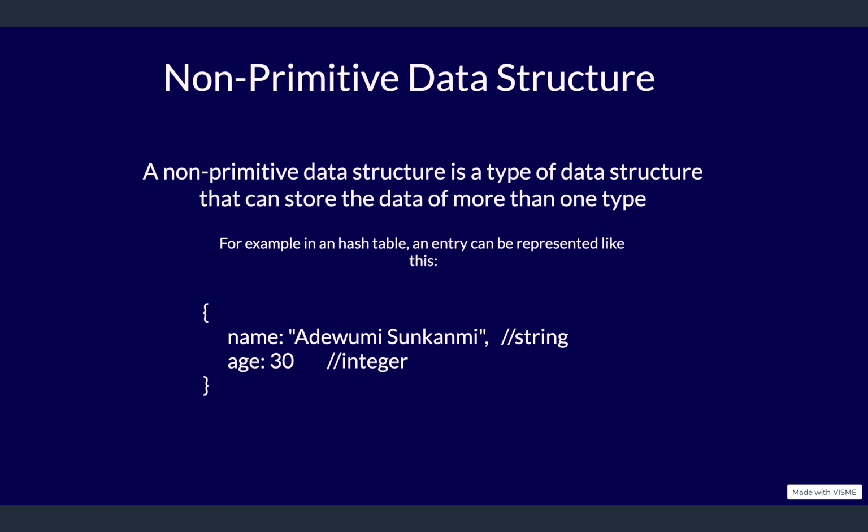So let's assume we have a key of name and we have a key of age. The key name will store a value of type string, whereas the key age will store a value of type integer. An example is shown below.